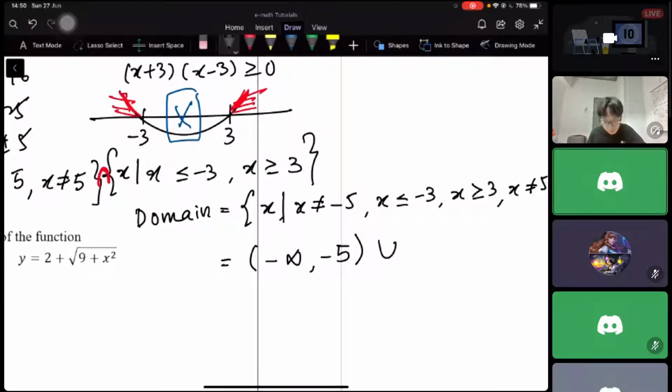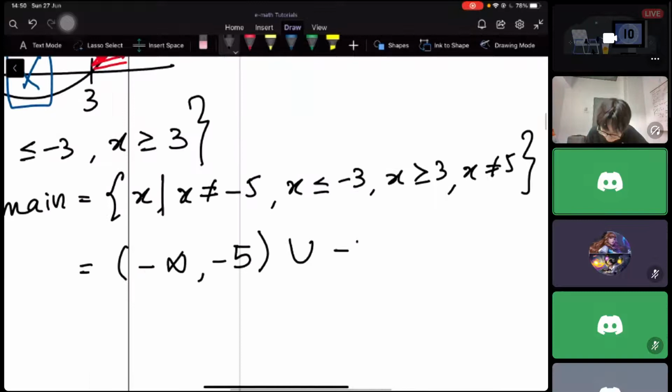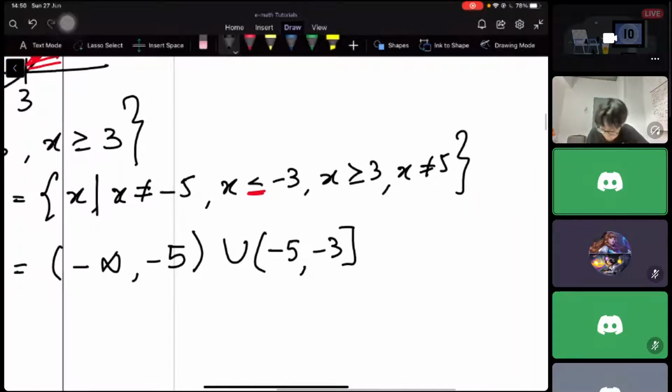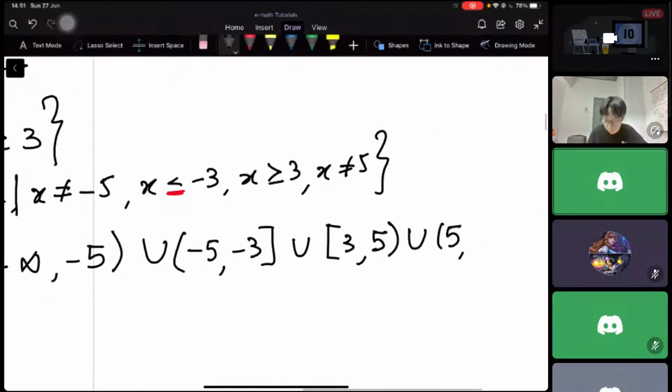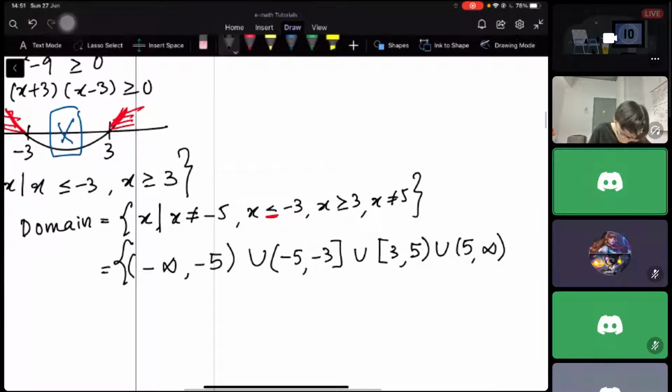Union from negative 5, not included, to negative 3 inclusive. Union from positive 3 inclusive to 5 non-inclusive. Union from 5 non-inclusive to positive infinity non-inclusive. So this is another way that you can write your domain.